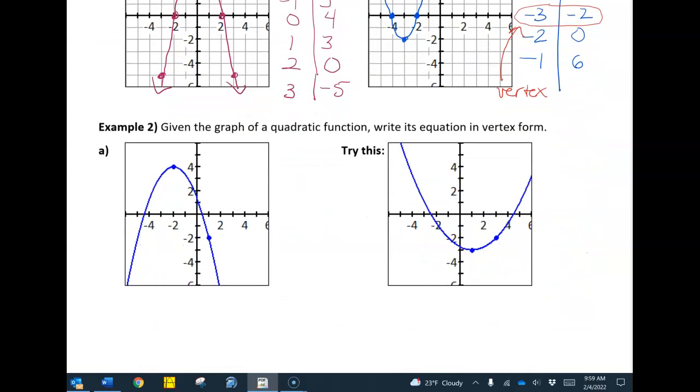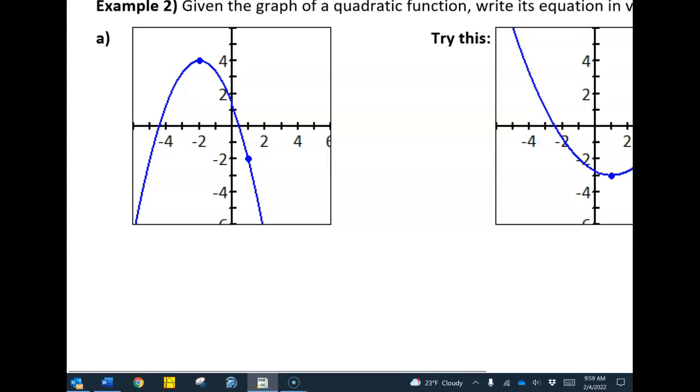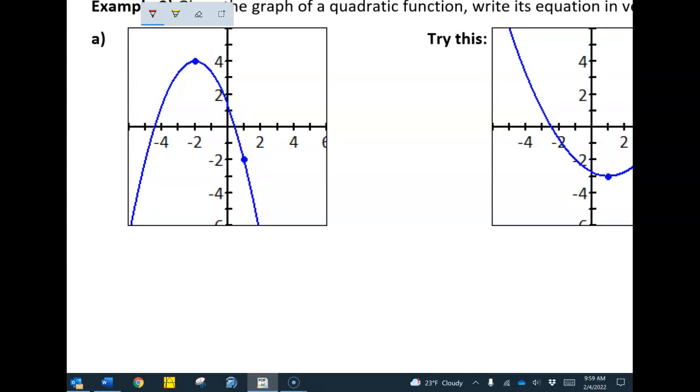We're going to do this backwards. We have the graph of a quadratic function, and we are to write its equation in vertex form. So I'm going to start with the idea that we're starting with the equation in vertex form, which is y equals a times x minus h squared plus k.